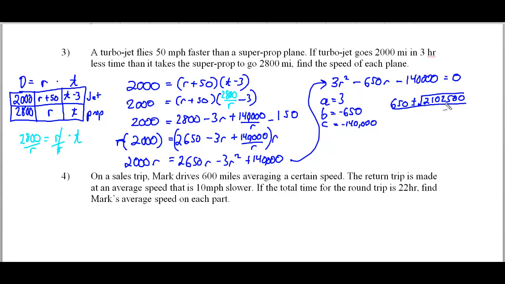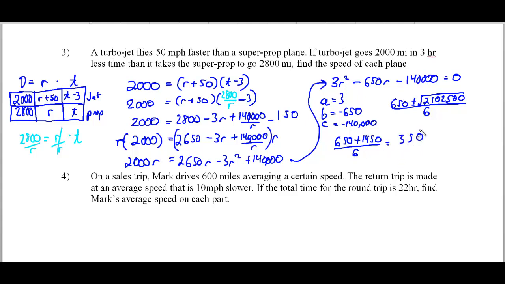Lucky for us, that's a perfect square. And 2 times a, or 2 times 3, is 6. So we're going to take the plus and minus of each of these, and I did some work on the calculator. The square root of that 2 million number is 1,450. So we add these two numbers up and divide by 6 and get an answer of 350.